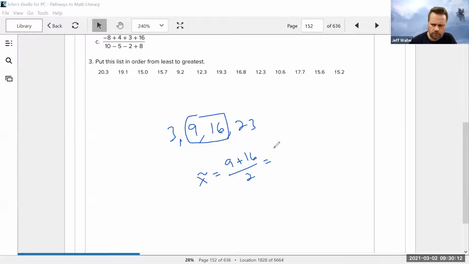Would it ever come out to a decimal? It's okay for it to come out as a decimal. 12 and a half is the number that is exactly in the middle of all the numbers. That's what matters. So it could be a number that's not even a data point. I like it. Okay, beautiful.